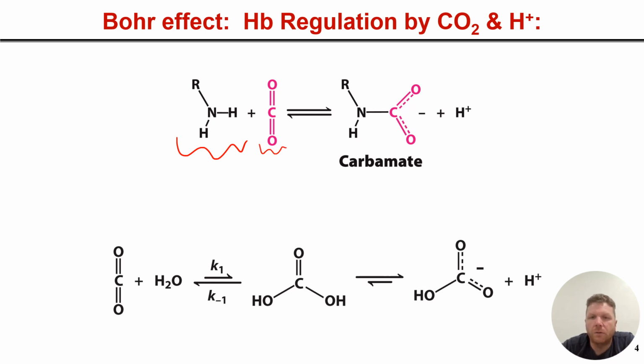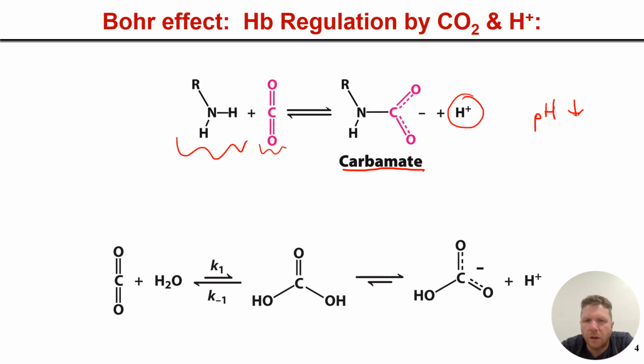A molecule right there is carbon dioxide. Carbon dioxide can react with the N-termini of our protein and form what's known as a carbamate. And whenever that happens, it also produces a single proton. So that's going to cause the pH of our environment to go down.